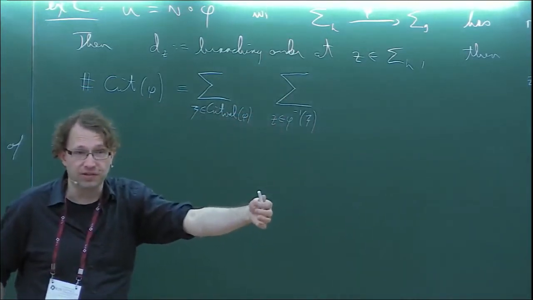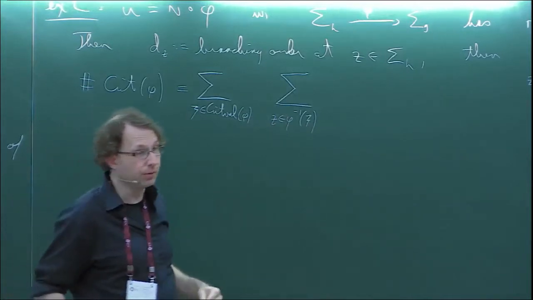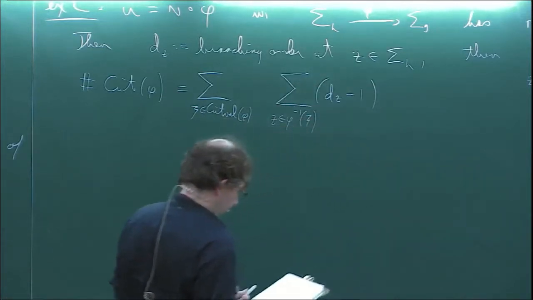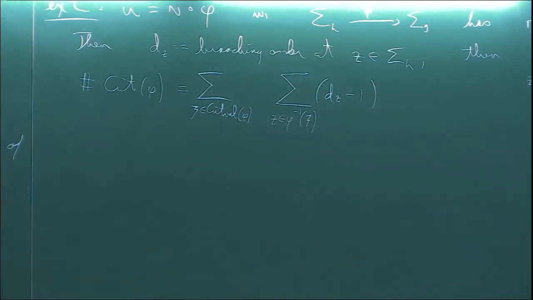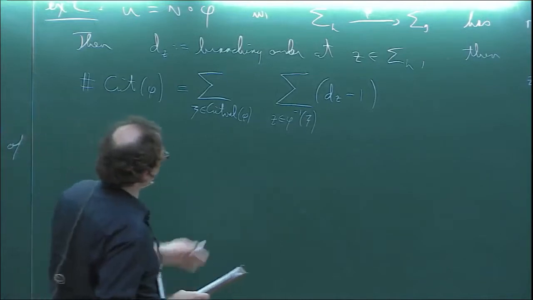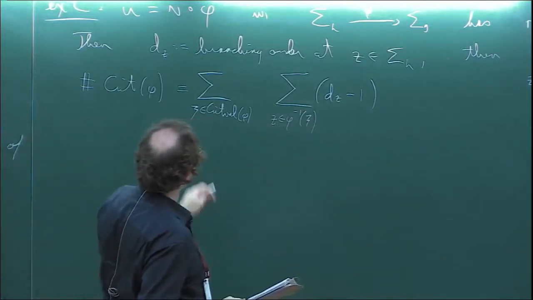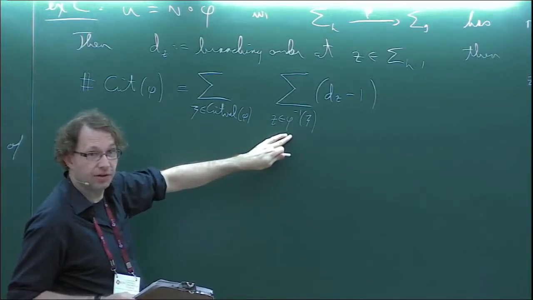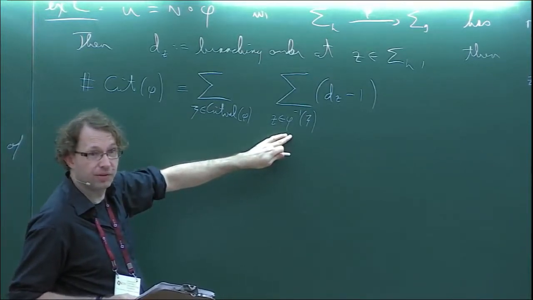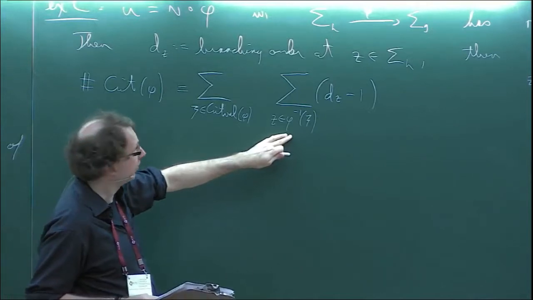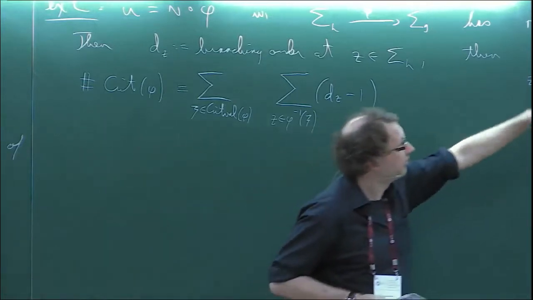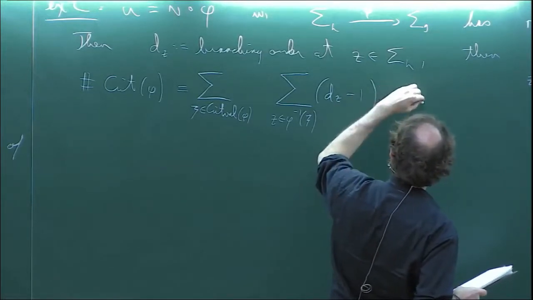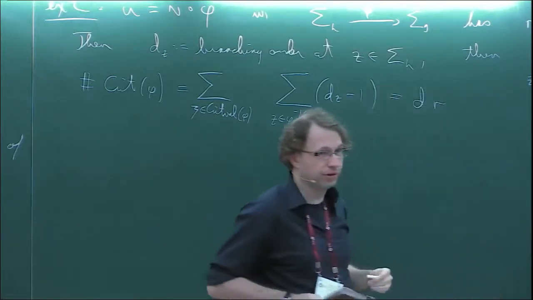So the critical order in each case is 1 less than the branching order. So I need to add d sub z minus 1. Now, let's separate d sub z from 1. You notice that for each critical value, you're adding up the d sub z's for all the preimages of that one point. So that means for each critical value, you have a copy of the total degree d sitting there. That means that's d times the number of critical values.